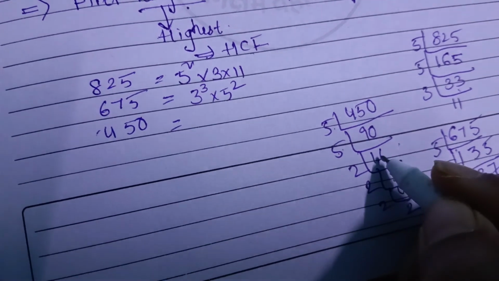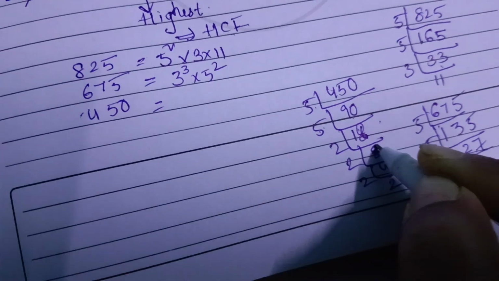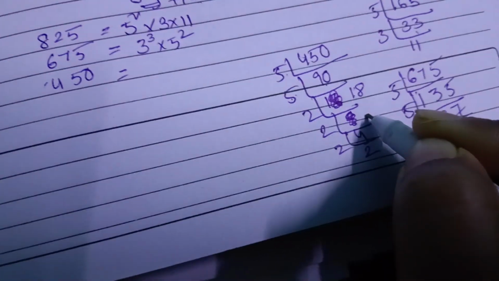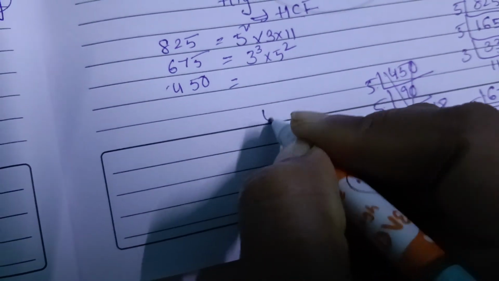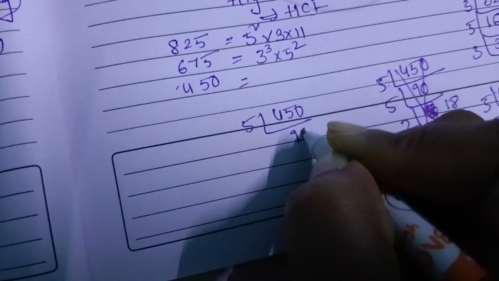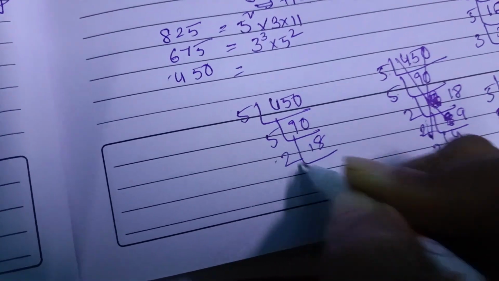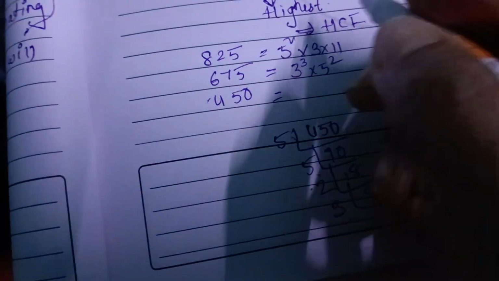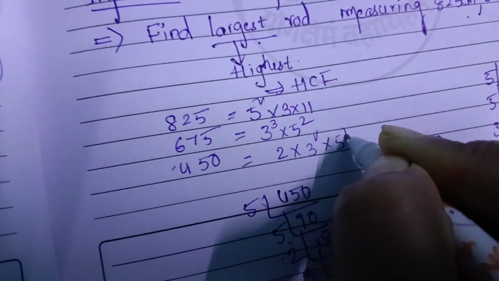Okay, I'll do it again. 5 90s, 5 18s, 2 9s are, 3 3s are. So 3 square into 2 into 5 square, right? So 2 into 3 square into 5 square.